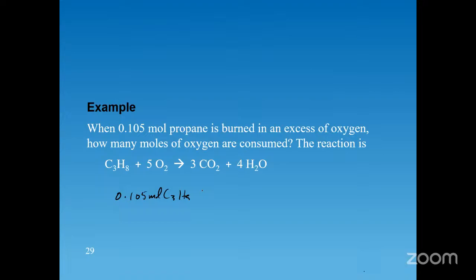And then I would multiply by the appropriate conversion factor. Now remember, the aim of this exercise is to get the moles of oxygen. So what I would do is look at the mole ratio between the oxygen and the propane, which has a 1 here. So I'm going to put 1 mole of C3H8 down here, and then 5 moles of O2 above, and that's it.